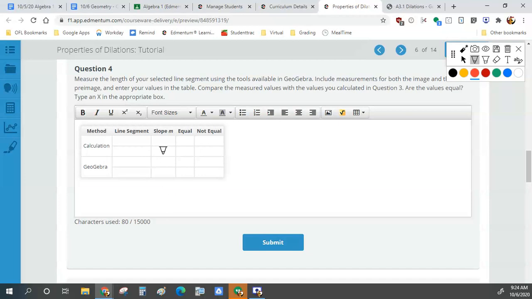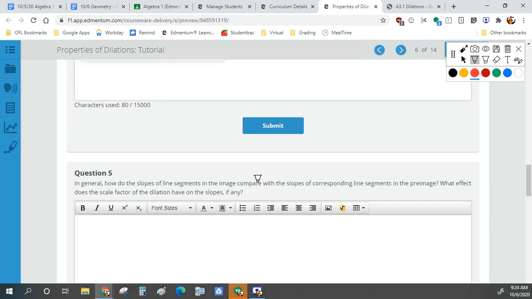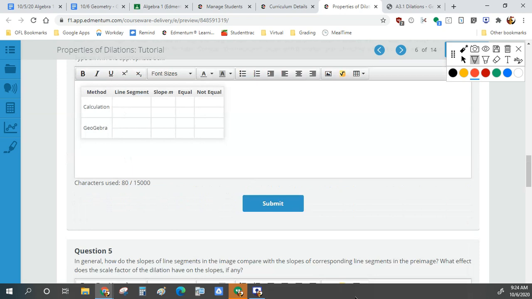All right, so now we want to do the same thing. So question 3, are the values equal? To measure the lengths. So this one, we're going to do the exact same thing. We're going to pick 2 points and we're going to measure the lengths and see if they're equal or not equal.